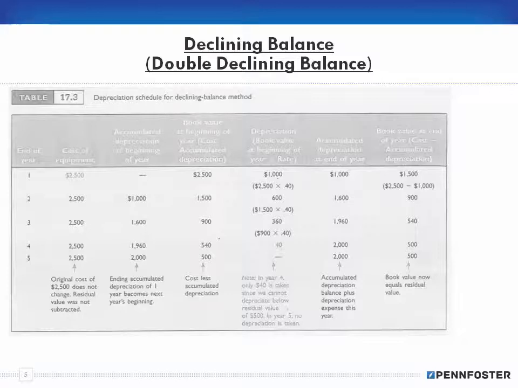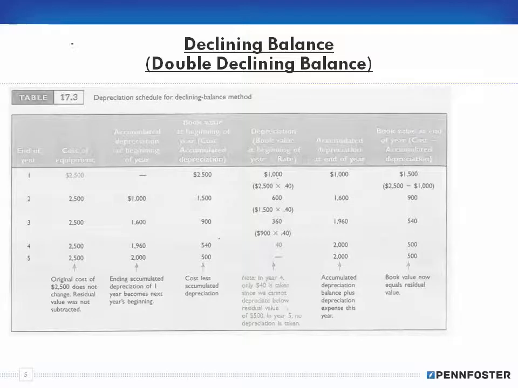And then if you have a large amount of income and you want to offset that income with your expenses, you would want to choose a method that allows you to take the most depreciation in that first year to offset that huge amount of income, so that you don't have to pay as much in taxes. Okay?